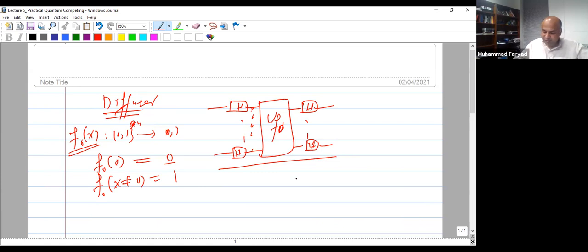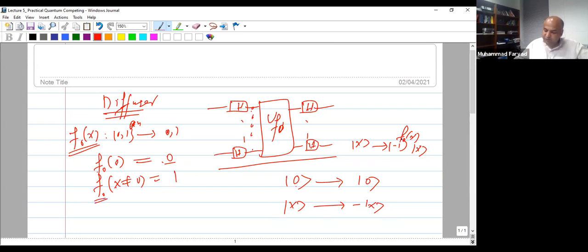In general, this is a phase oracle, so it always works as minus 1 to the power f of x. So now f naught is 0 when x is 0, so we get 0 to 0, and for all other x's we get minus x, because for any x other than 0, f naught of x is 1.